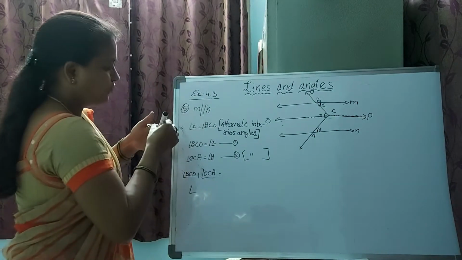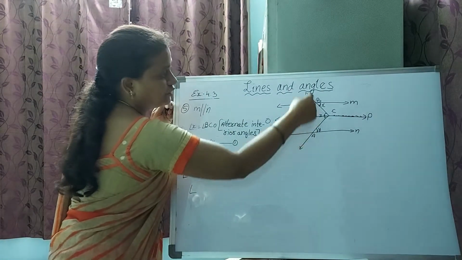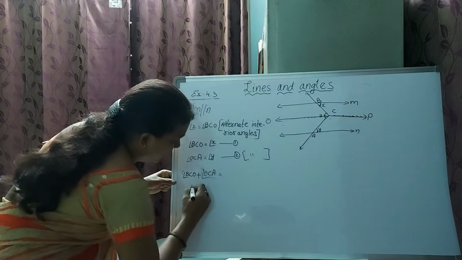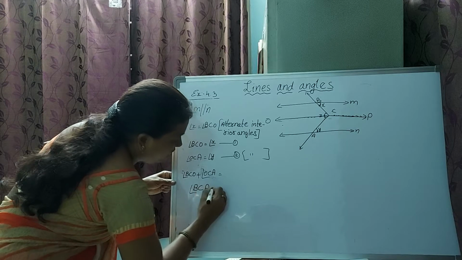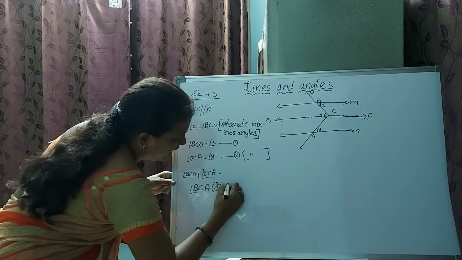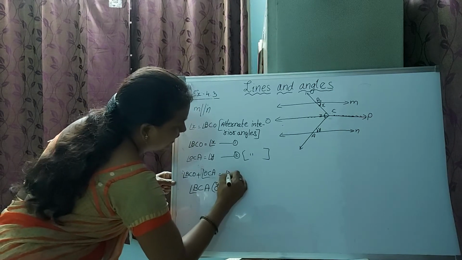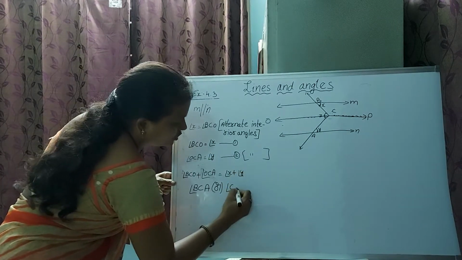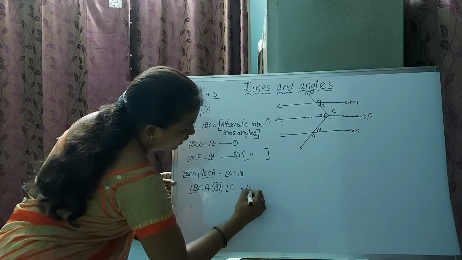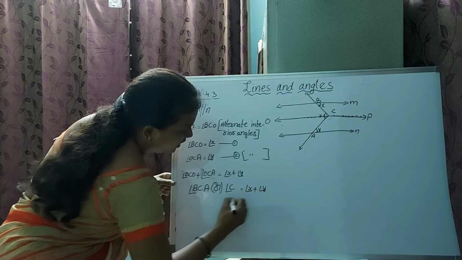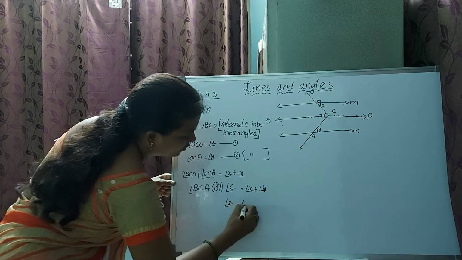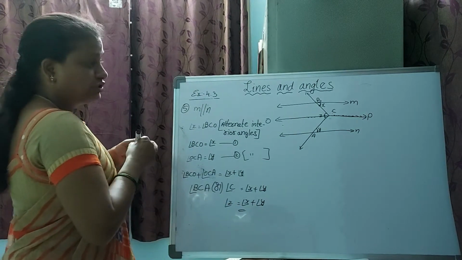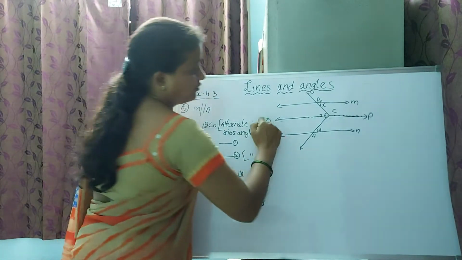If you add these two angles, you will get this angle, angle BCA, or simply angle C. Angle X plus angle Y. So angle C is equal to angle X plus angle Y, or simply angle Z is equal to angle X plus angle Y. Okay, understood?